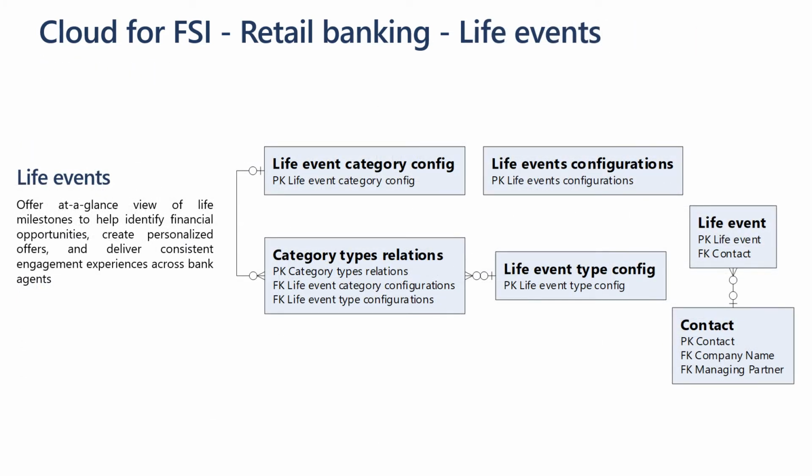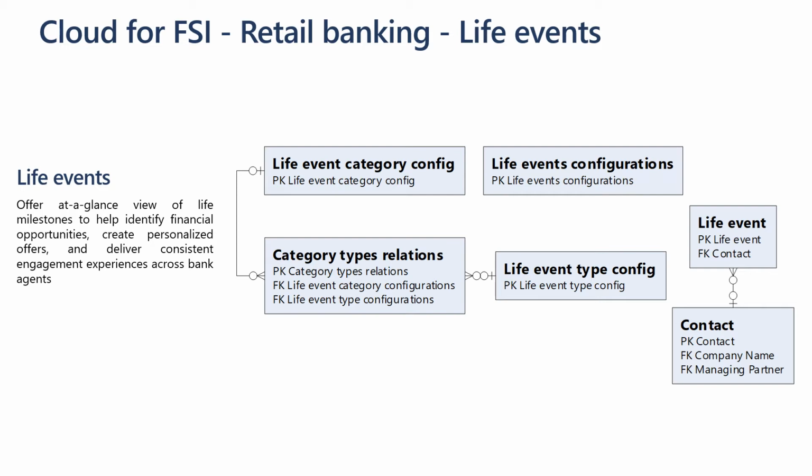Another powerful customer insight is life events. Life events contains different entities: life event category config, category types relations, life event type configs, and life event, which is connected to the contact.